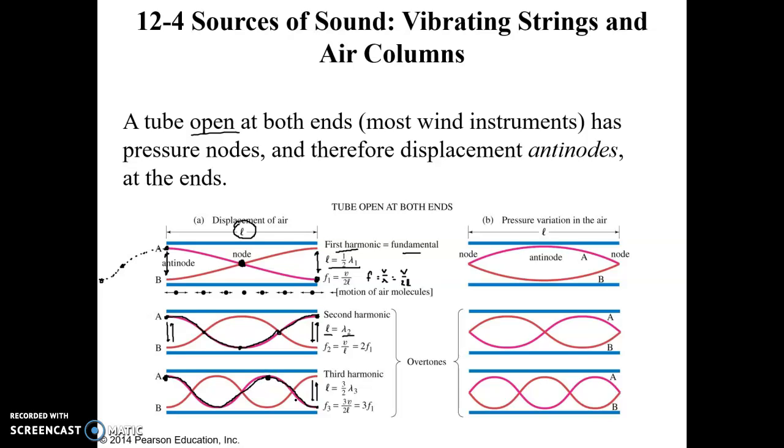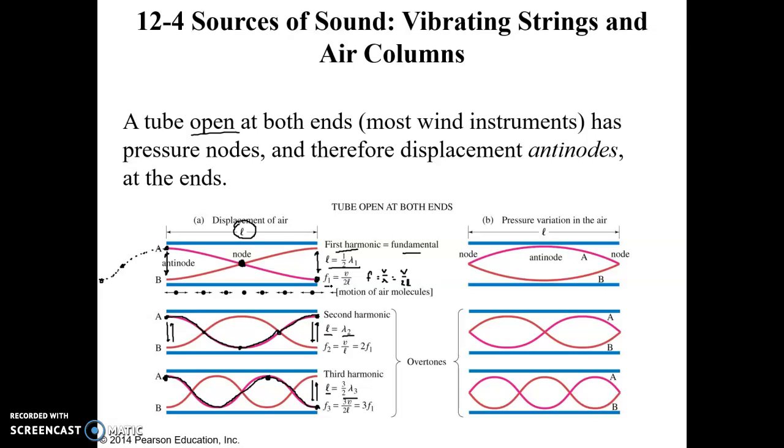And then in addition to that, we have another half of a wavelength. So we've got 1.5 or 3/2 of the wavelength equals the length of the tube. And so the frequency is equal to 3/2 V over L, or 3 times the original frequency.